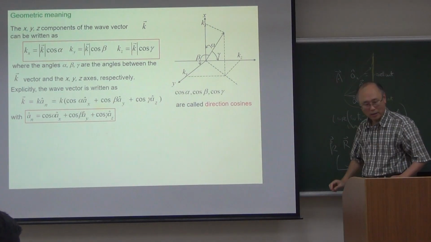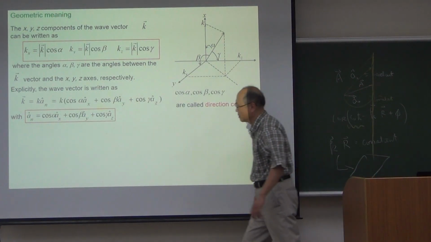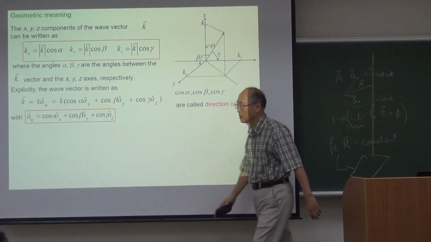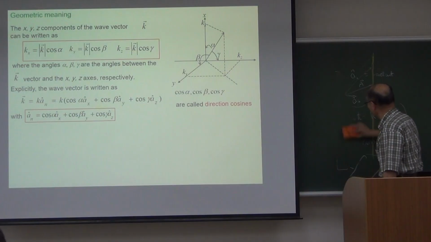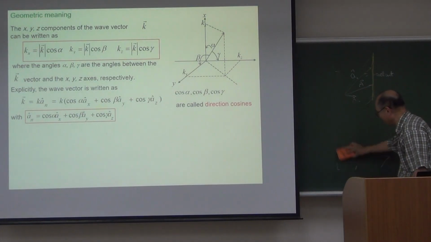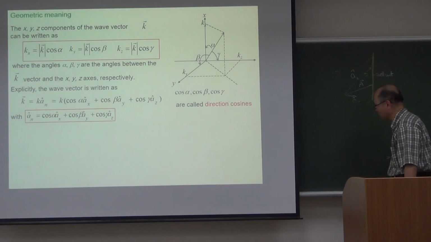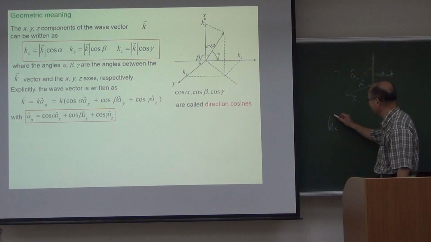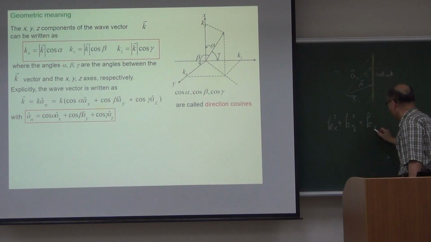Okay. But the angles are not arbitrary. Why? Remember that if we have a plane wave solution as we define, then we have k_x squared plus k_y squared plus k_z squared equal to k squared.